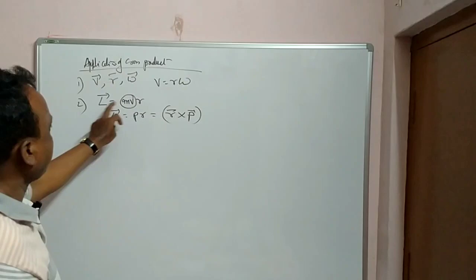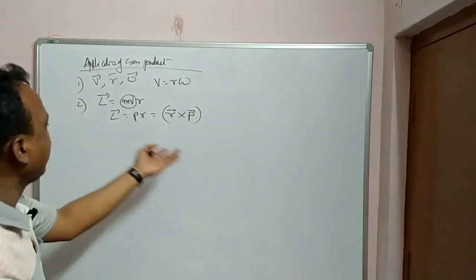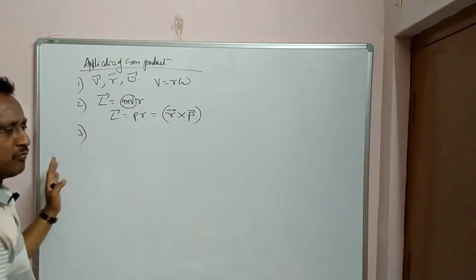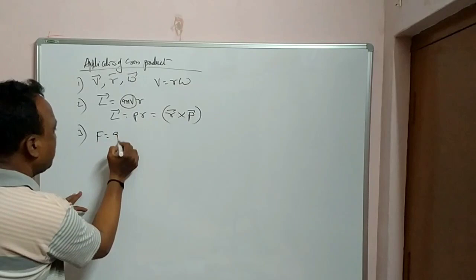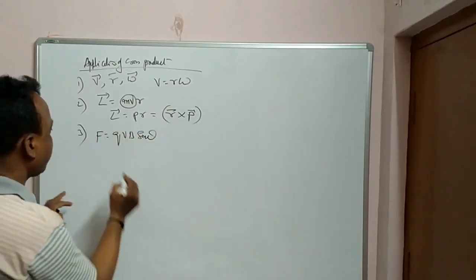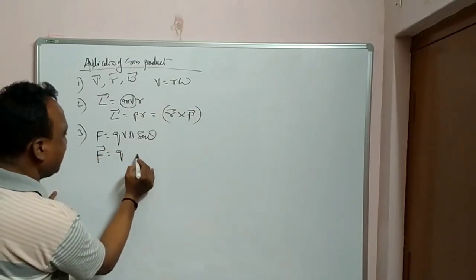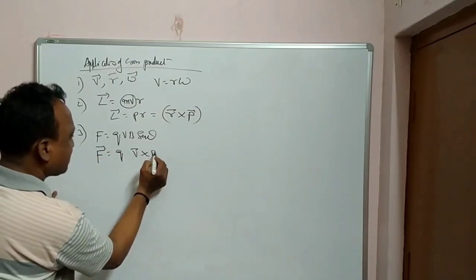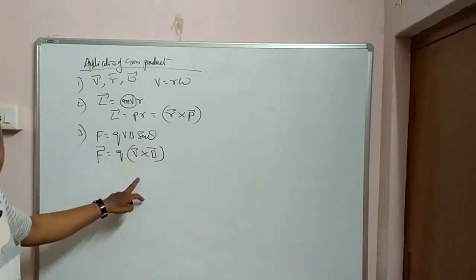Also, in second year physics, you will have moving charges and magnetism. There you have F is equal to QVB sin theta. So here also you can apply the cross product, that is force is equal to charge into velocity cross magnetic field induction. So this is also an application.